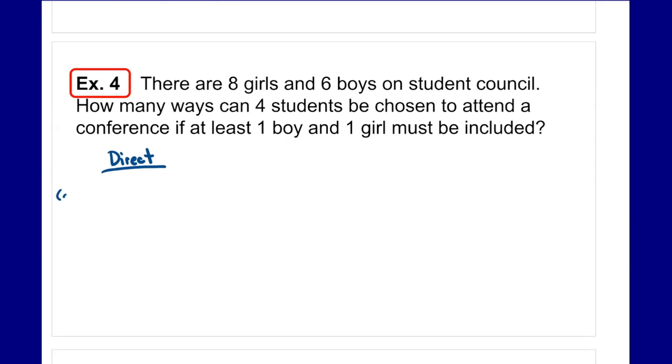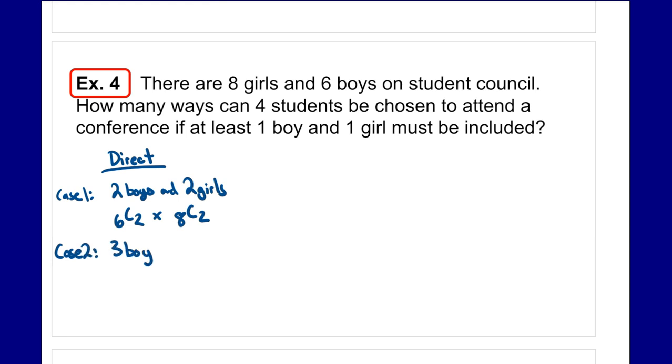So case 1, at least one boy and one girl. So that would be 2 boys and 2 girls, which is 6 choose 2 times 8 choose 2. We also have case 2, where it's 3 boys and 1 girl. So 6 choose 3 times 8 choose 1.